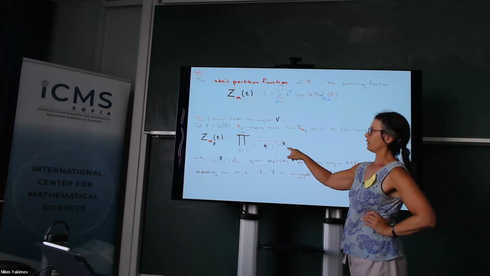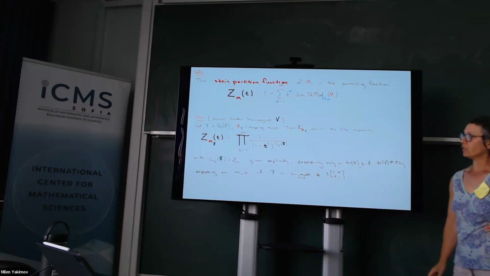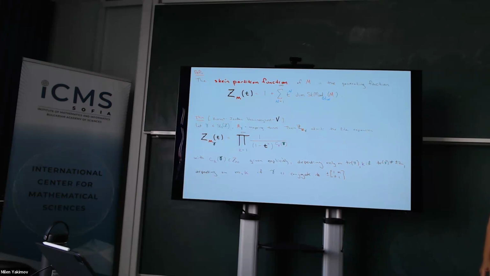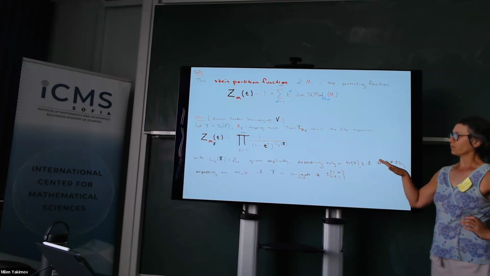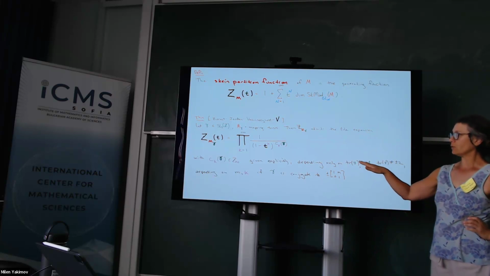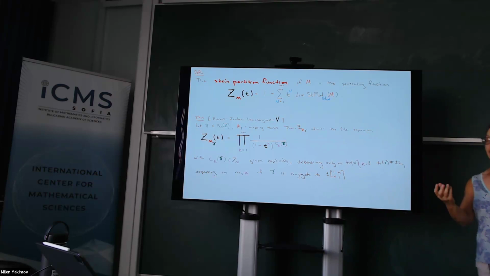And these exponents, k and gamma, they're all non-negative. They're actually all positive integers, and we give them explicitly, and that's only if the trace isn't plus or minus 2. It depends only on the trace of gamma. That gamma was your matrix from SL2(Z).